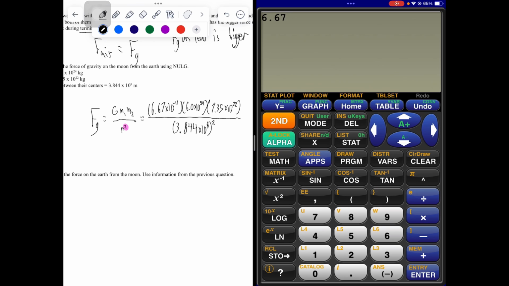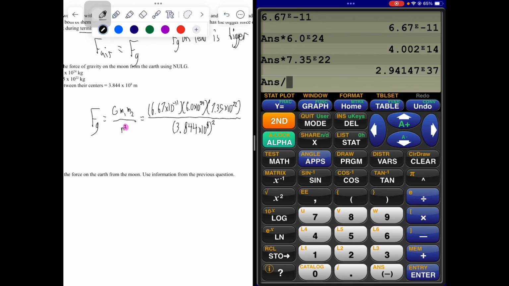6.67 times 10 to the negative 11th, much better, times 6.0 times 10 to the 24th times 7.35 times 10 to the 22nd. Now we divide by our 3.844 times 10 to the 8th.